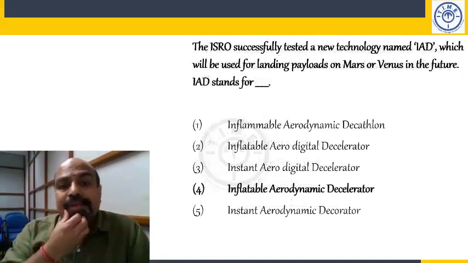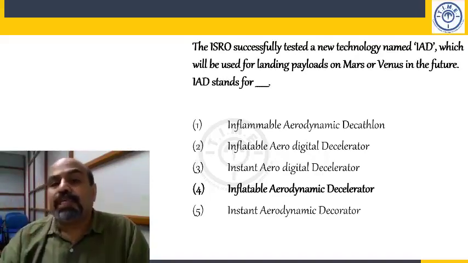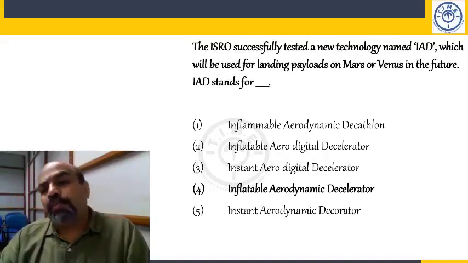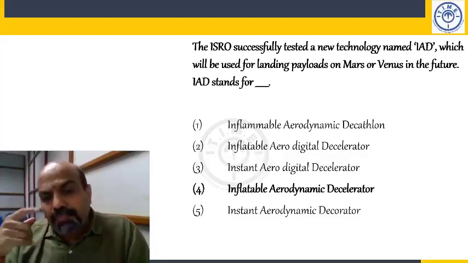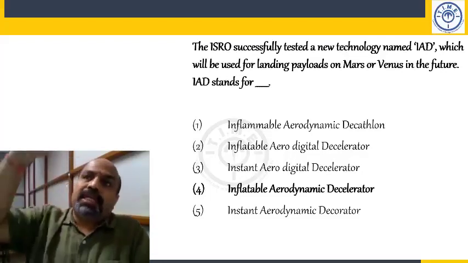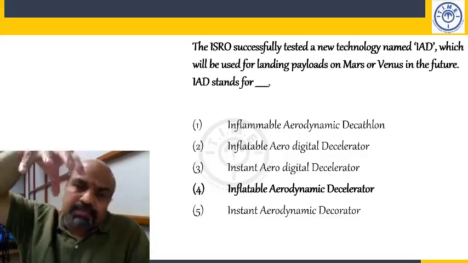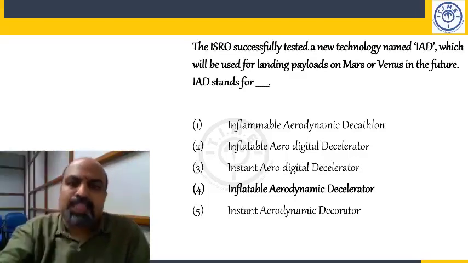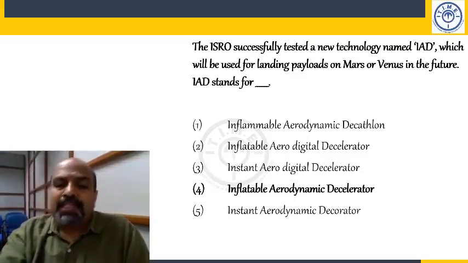Next. The ISRO, the Indian Space Research Organization, successfully tested a new technology named IAD, which will be used for landing payloads on Mars or Venus in the future. IAD stands for inflatable aerodynamic decelerator. Decelerator means it will be attached to the payload released from the spacecraft.